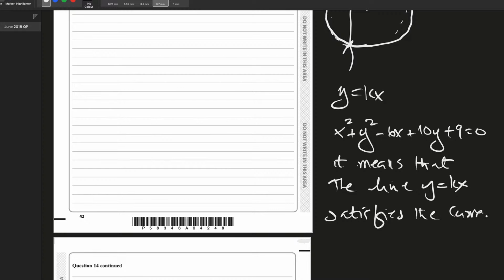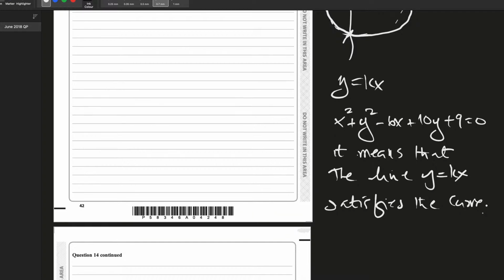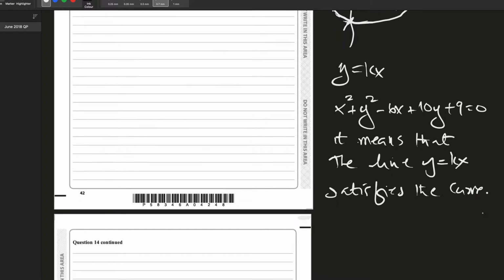So we've got to do substitution. Wherever we see y, we put kx. So the equation is going to be x squared plus kx squared minus 6x plus 10 into bracket kx plus 9 is equal to 0.